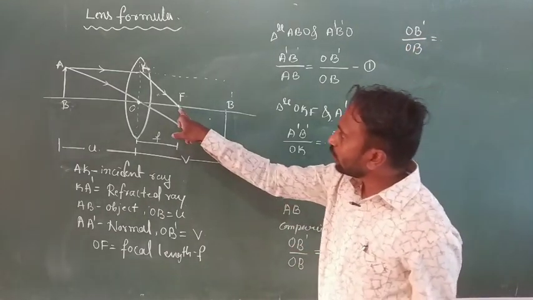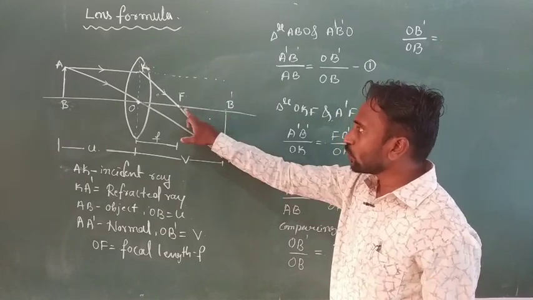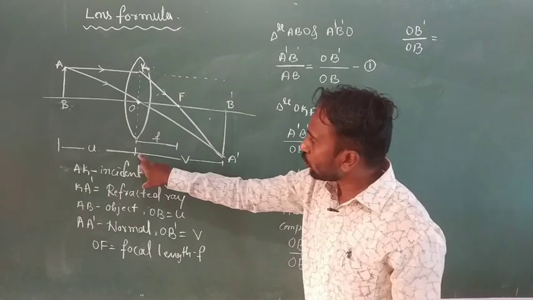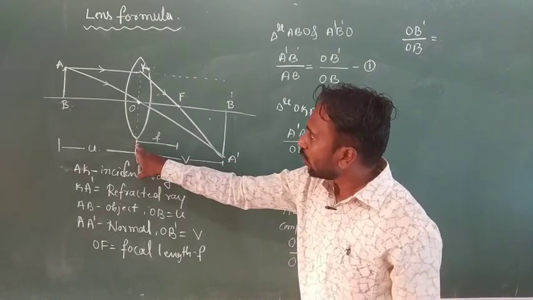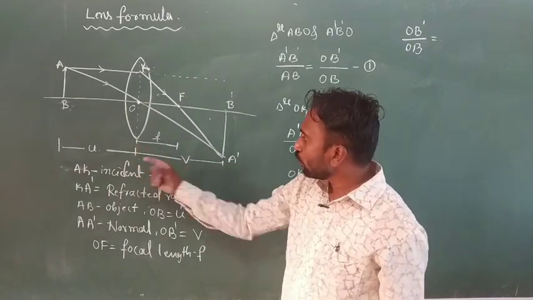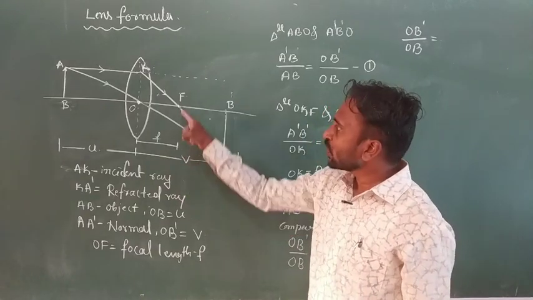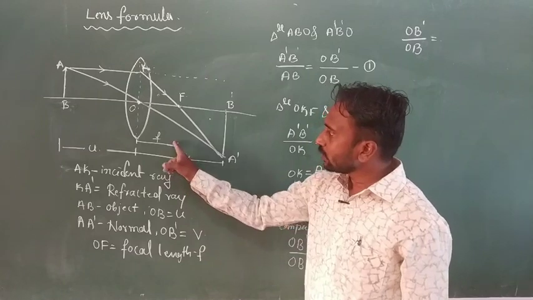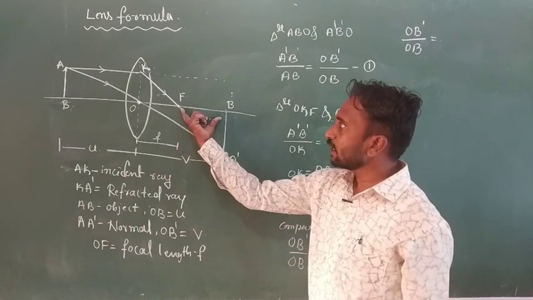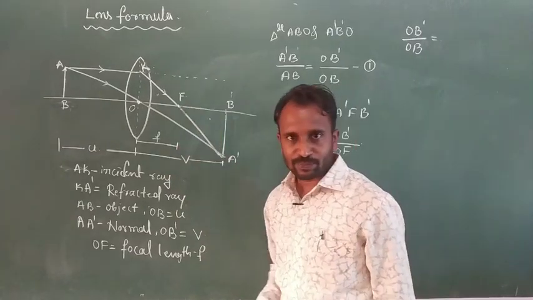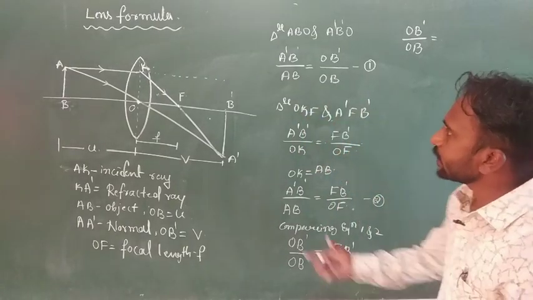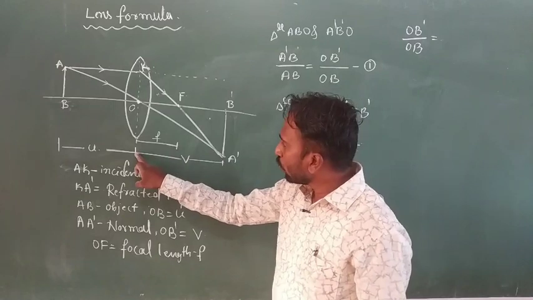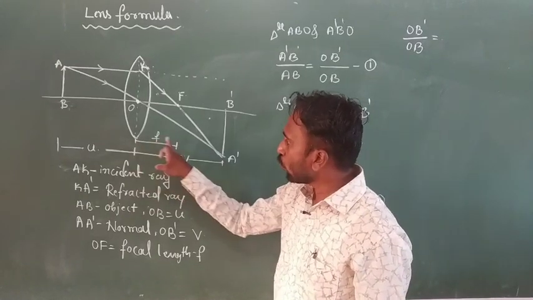We want the FB' value. We don't know that FB' value, but we know the A'O value and the FO value. A'O means image distance, and FO distance is focal length. By using these two distances, we have to measure the FB' value. So FB' is nothing but A'O minus OF.